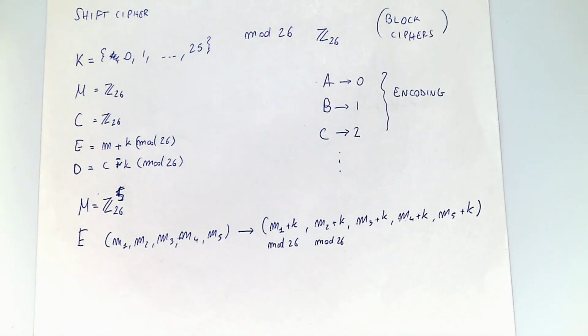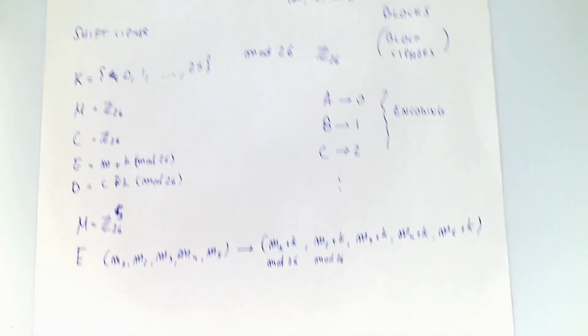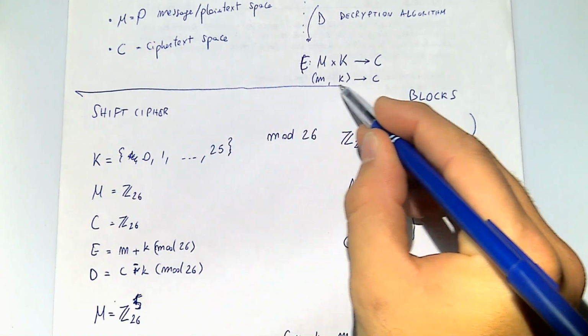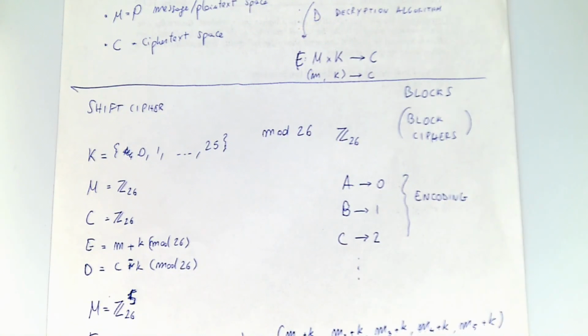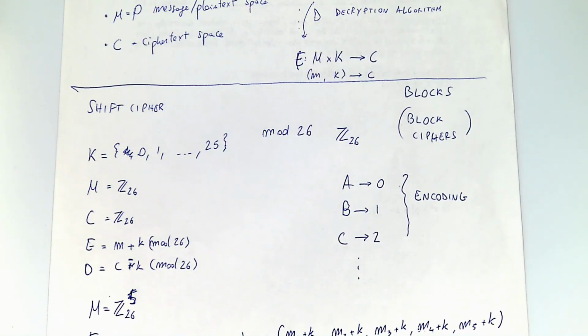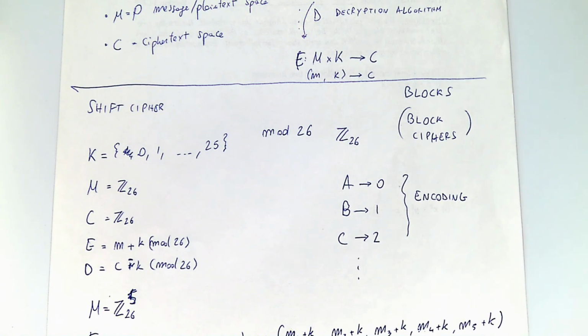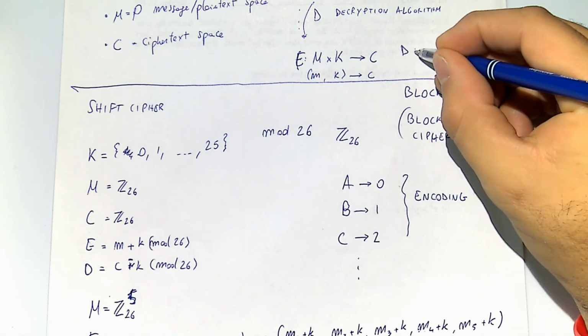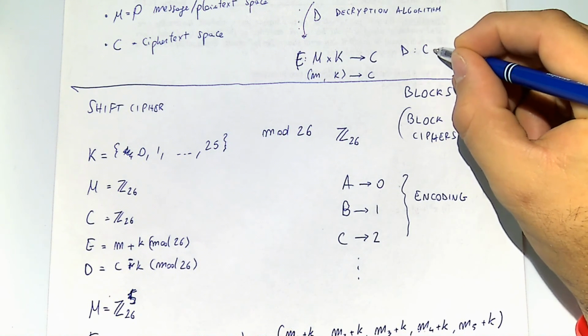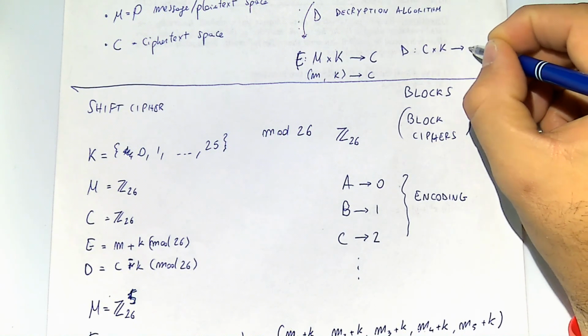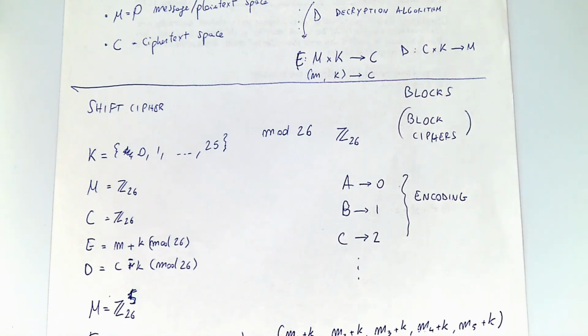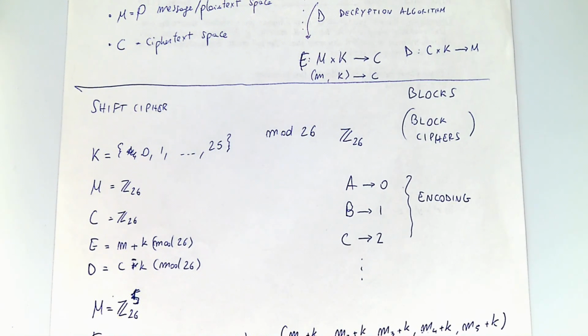And so what is really the crucial point? We have these five. This is the definition of a cipher. We have three spaces: the key space, the plaintext space, and the ciphertext space. We have an encryption algorithm that takes a message and a key into a ciphertext. We have a decryption algorithm that takes a ciphertext and a key into a plaintext. I prefer plaintext because it's more accurate, but sometimes you see message.